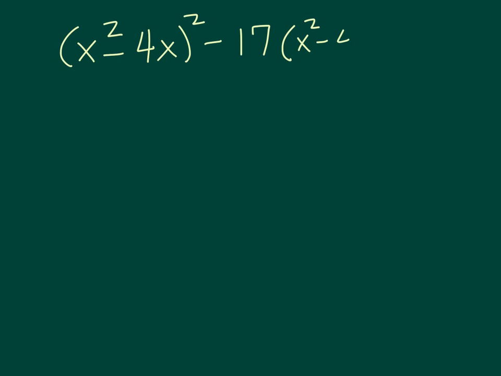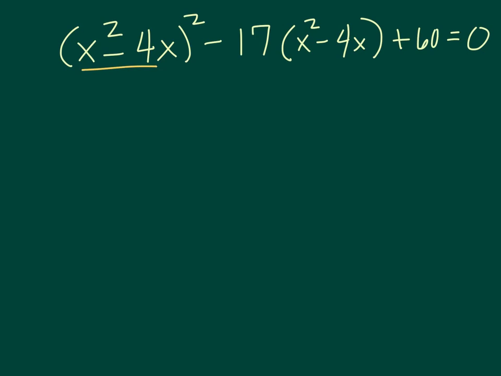For another example, let's take a look at x squared minus 4x, quantity squared, minus 17 times x squared minus 4x plus 60 equals 0.